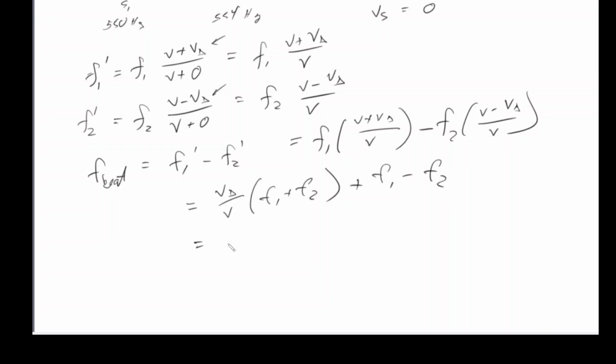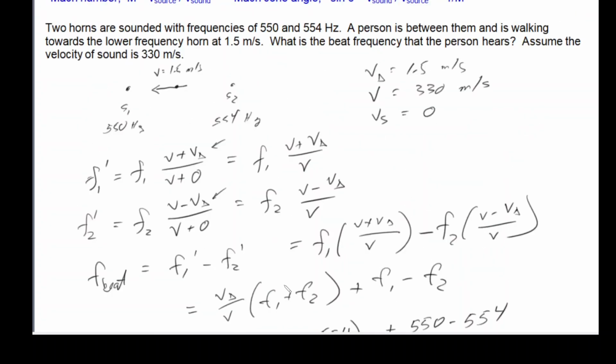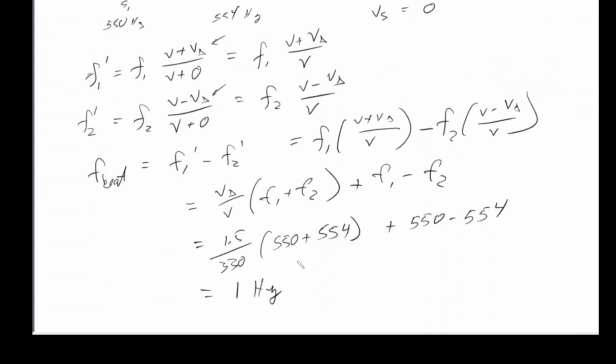And if we put in the values, we get 1.5 over 330 times 550 plus 554 plus 550 minus 554. And if you go through that calculation, you end up with 1 hertz. So the beat that the person hears as he walks between these two sources is 1 beat per second.